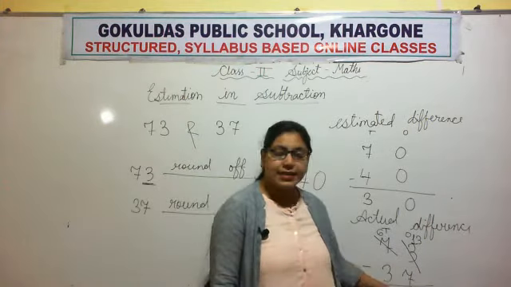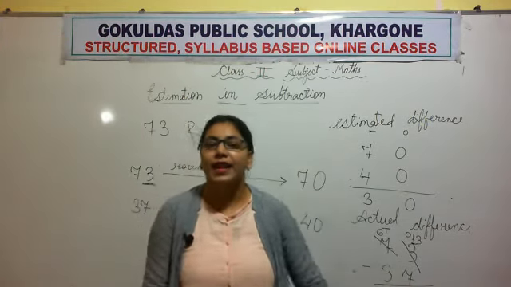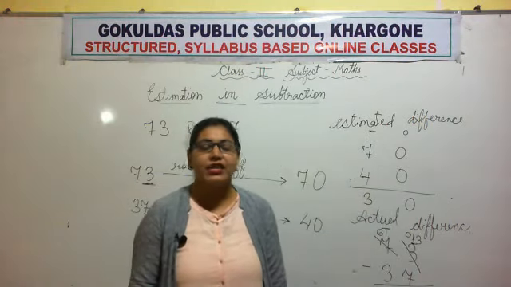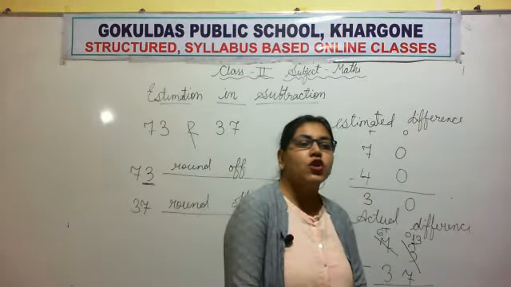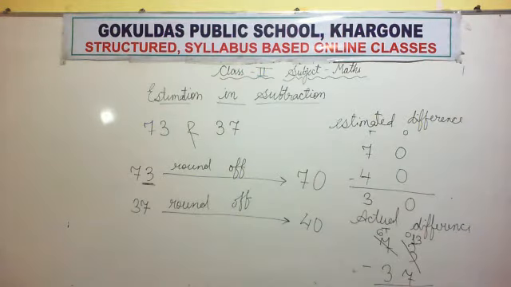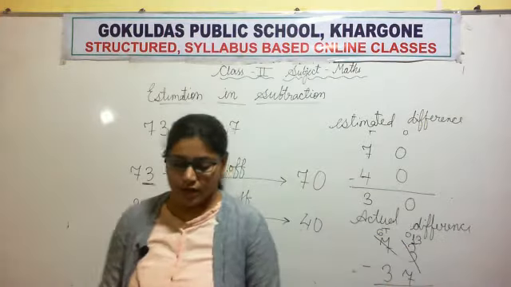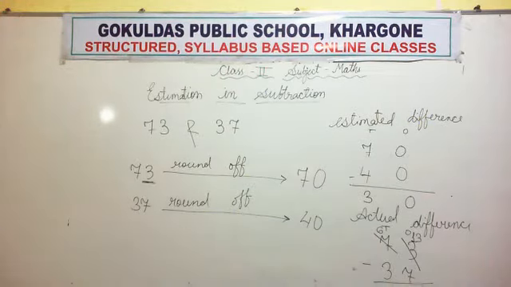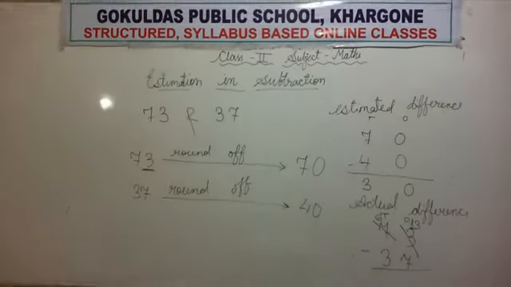Now 13 minus 7. Can we remove 7 from 13? Yes, now we can, because now 7 is the smaller number. All of you count 13 finger marks. Now count 7 times backward.